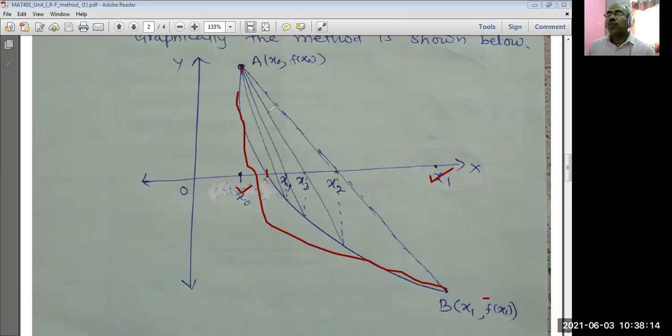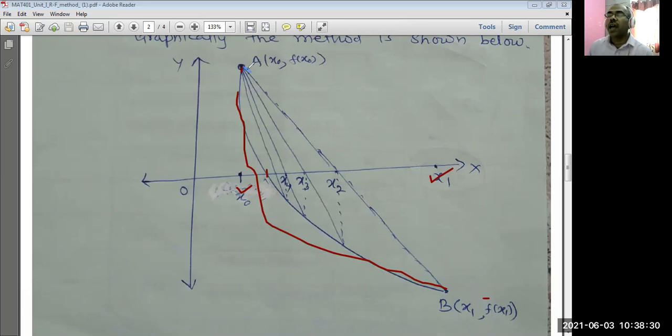So we have here two points A and B, and what is the idea? We join these two points A and B, and you can see that this line intersects the x-axis.